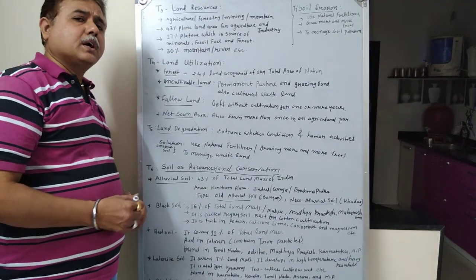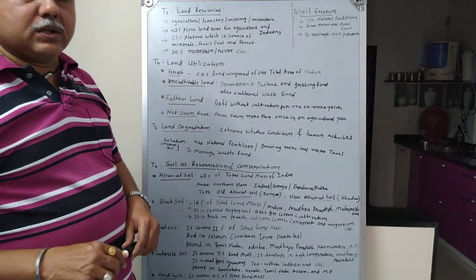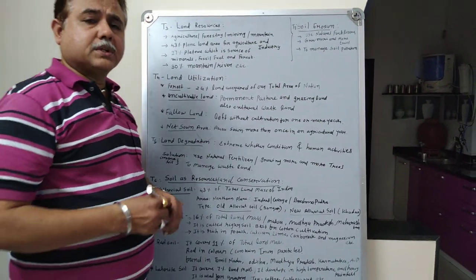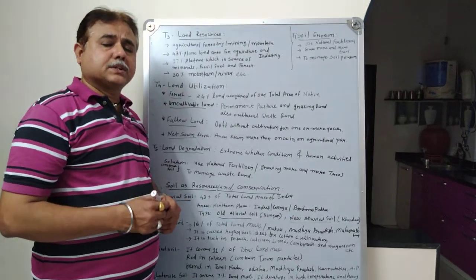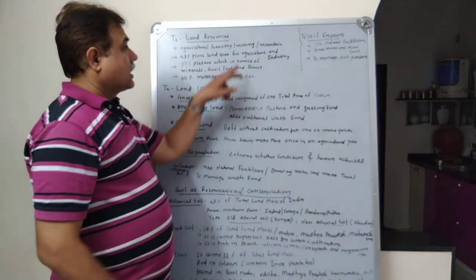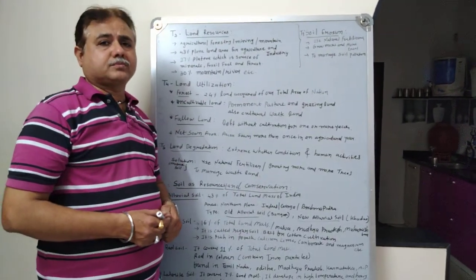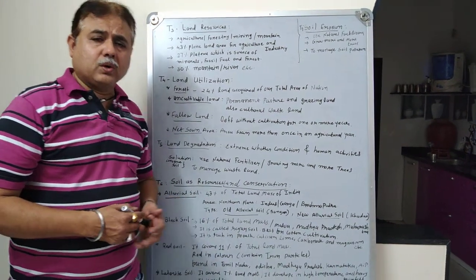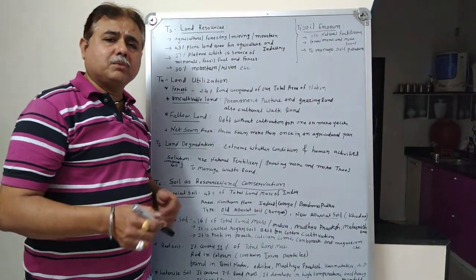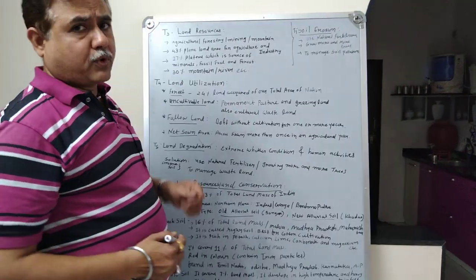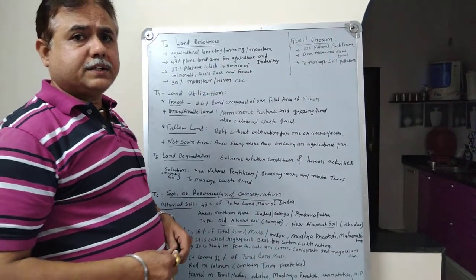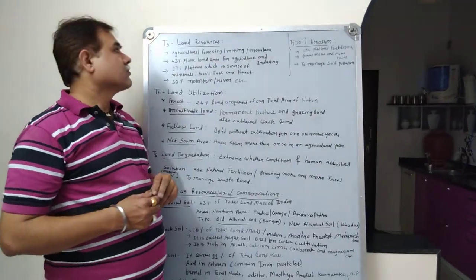Some things are found in the forest, also herbs and herbal plants. Another activity is mining. Coal, gold and other minerals are extracted from land. This is known as mining.